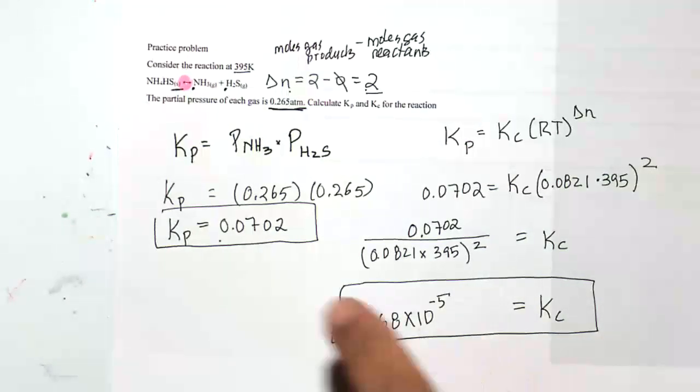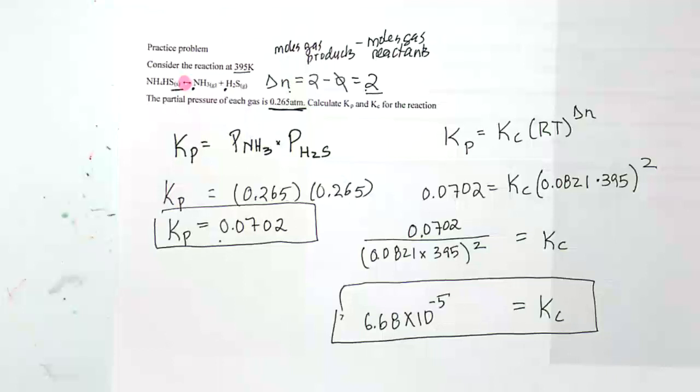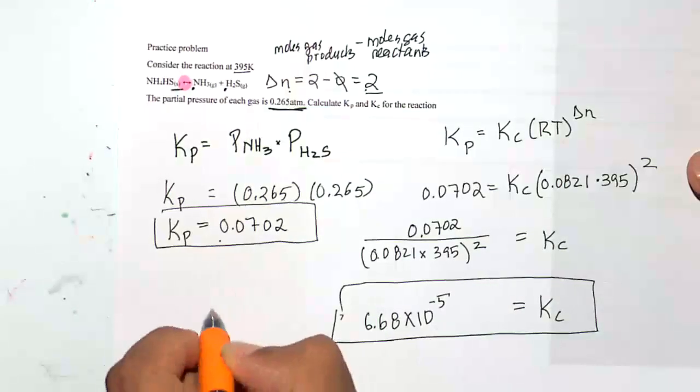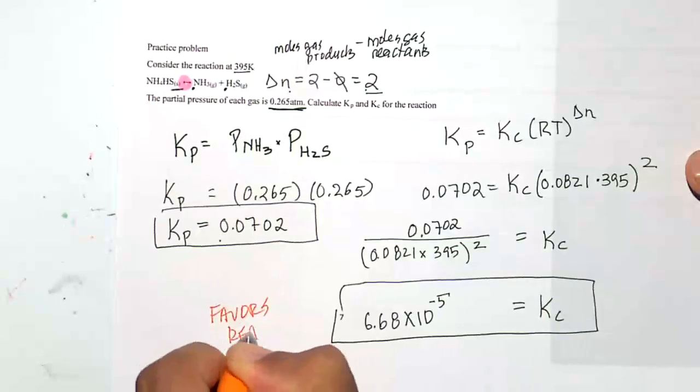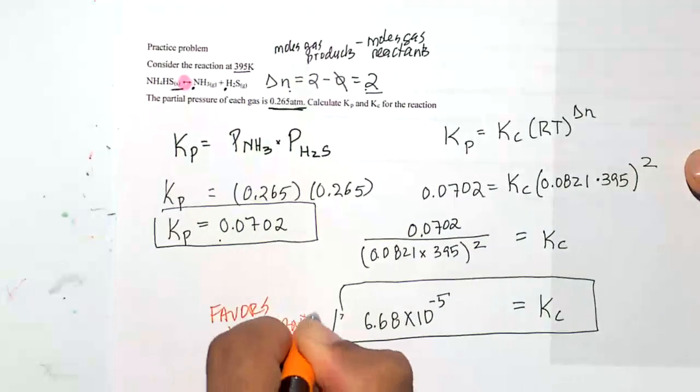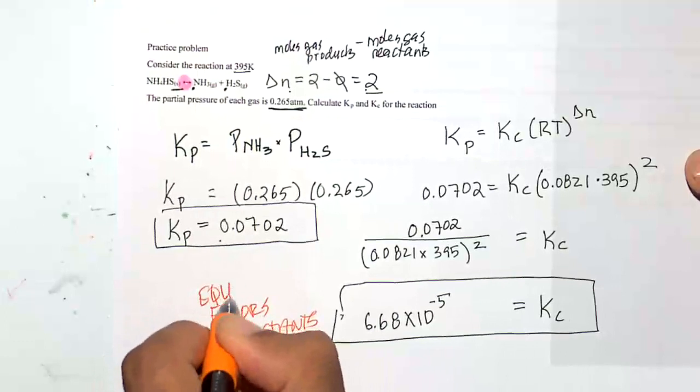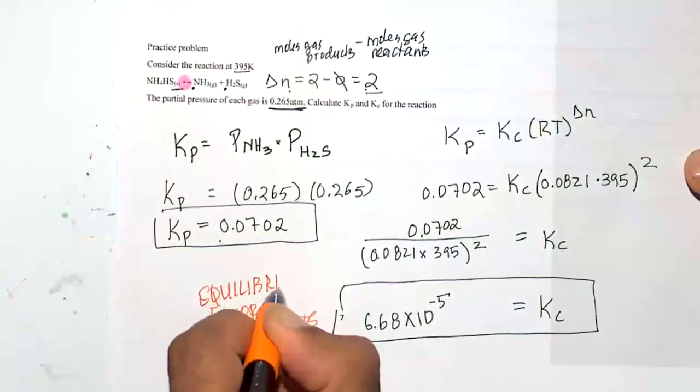Small number, less than 1, small number, less than 1, favors reactants. Okay, I'm going to say equilibrium favors the reactants.